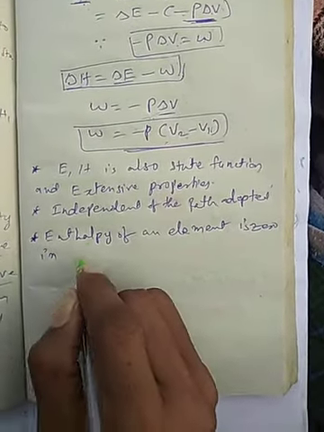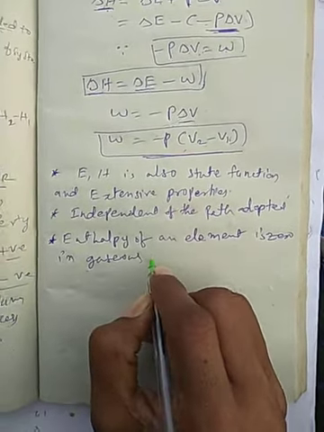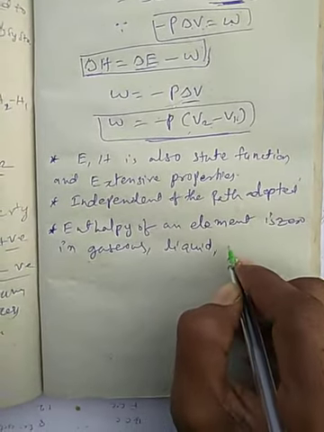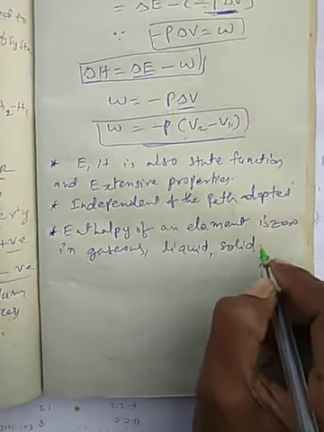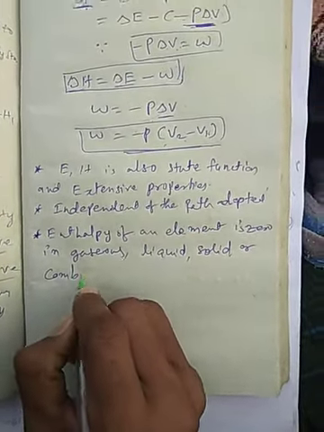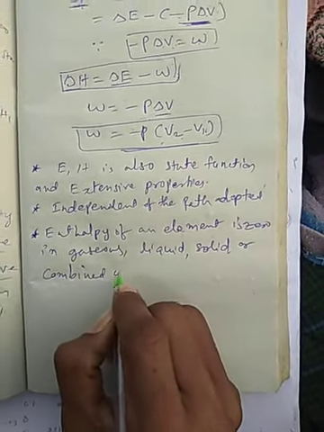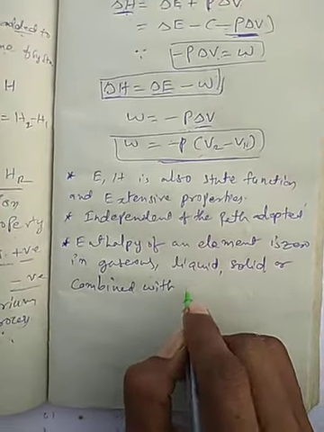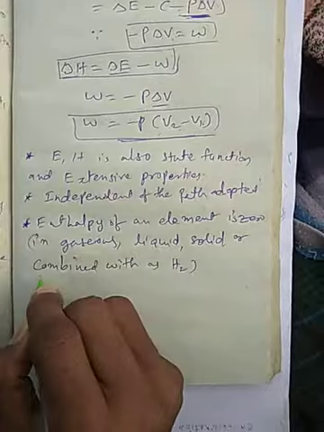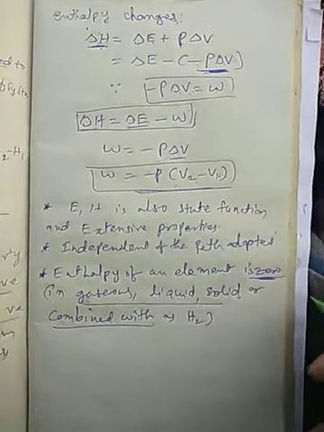These are nothing but in gaseous, liquid, solid or combined form, such as hydrogen. In all these cases we take it as 0.